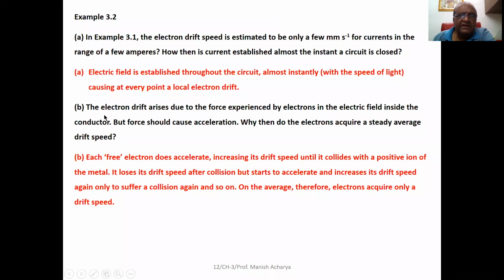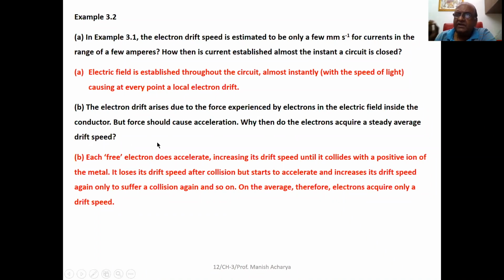B. The electron drift arises due to the force experienced by electrons in the electric field inside the conductor. But force should cause acceleration. Why then do the electrons acquire a steady average drift speed?